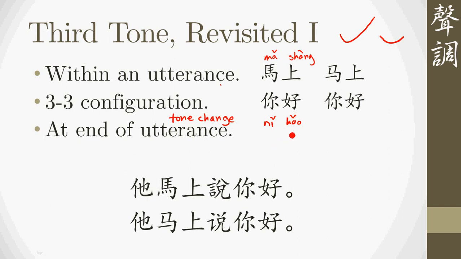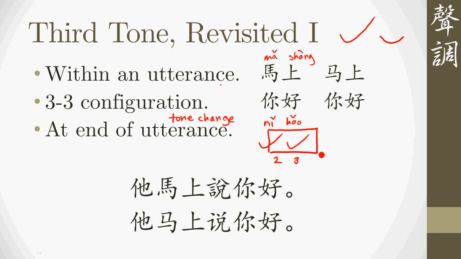But when you have two third tones together, you might think you have 你好. But in reality, we're really only taking the last end of the first character and the rest of the second one. So we essentially have a second tone, 你 rising, and then a third tone, 好. So you end up with 你好.